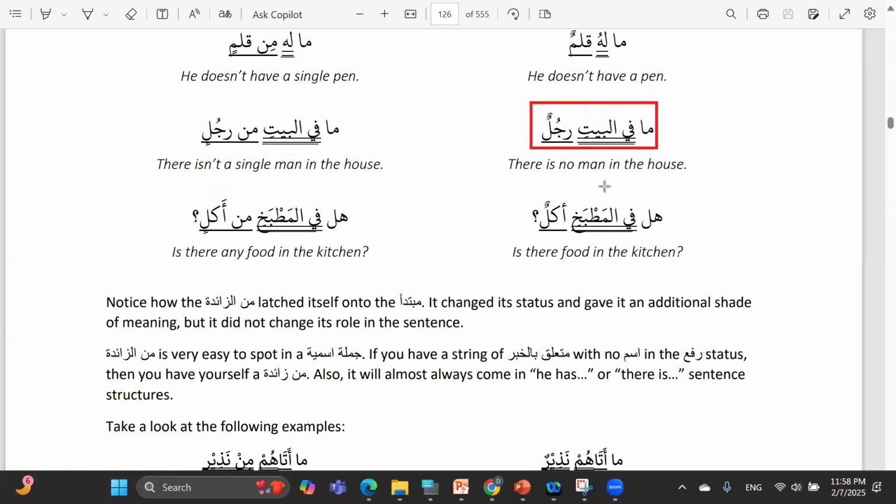Okay, there is no man in the house. Ma fil bayti rajulun. Then we have a third example, which is a question. Hal fil madbakhi akalun? Is there food in the kitchen? And if you put min, then it becomes, is there any food in the kitchen? So there's emphasis, and this "any food in the kitchen" adds up in the translation with min zaida.